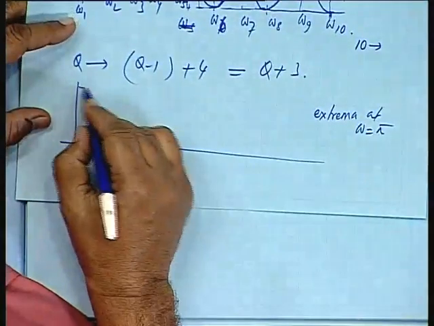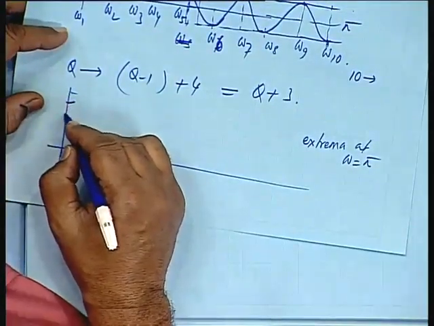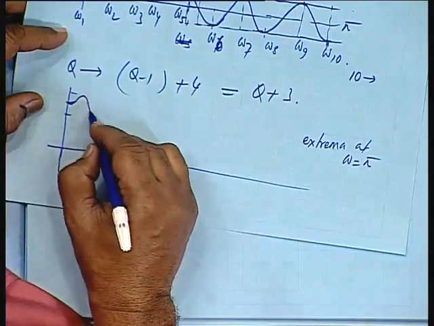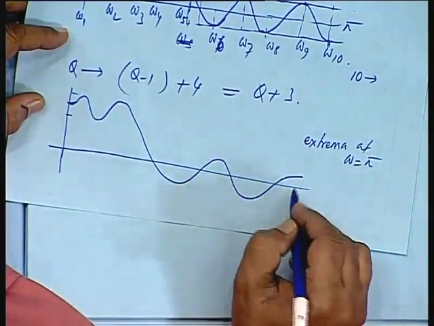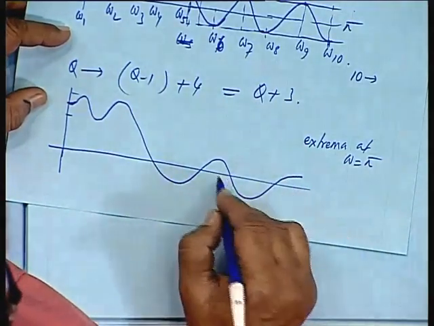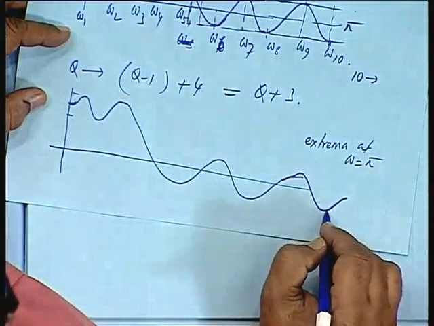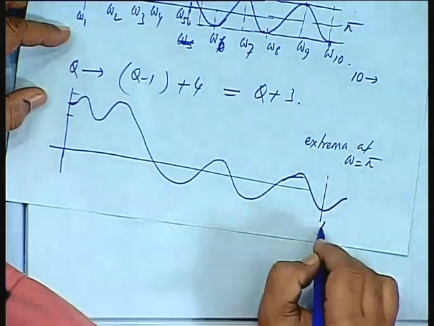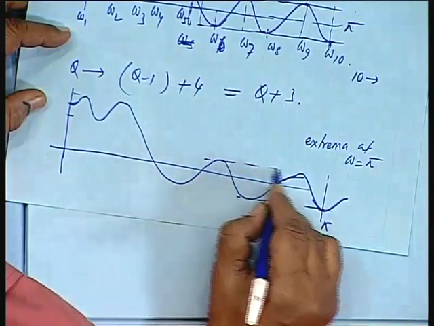That means it will not start with a minimum or maximum, it will start somewhere in between, and then it will be 1, 2, ending with an extremum at pi.